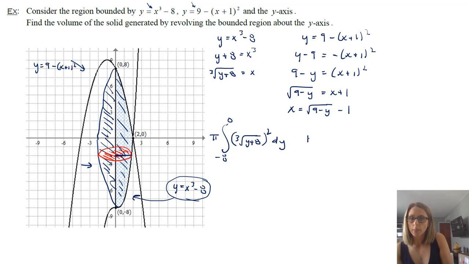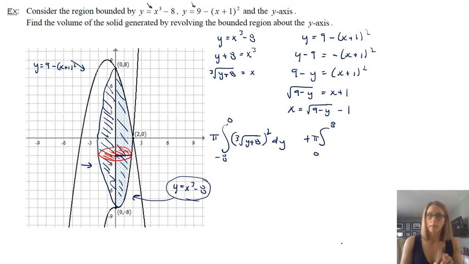And then the second piece is the integral from 0 up to 8, and again with our pi, we're going to see that we have this top function here that has been revolved, and so it's that solid, and then the radius of that is simply what we have here, but that distance needs to be in terms of x.